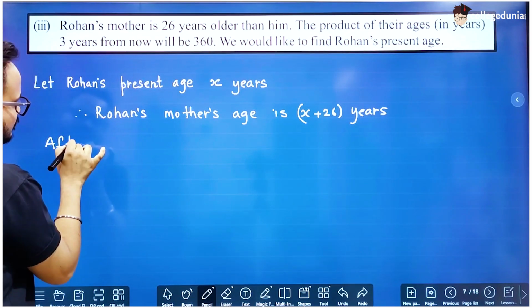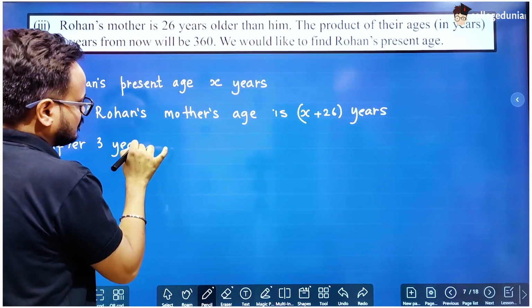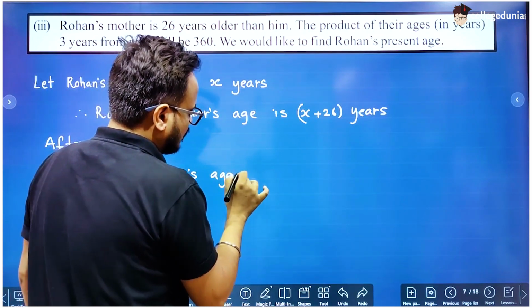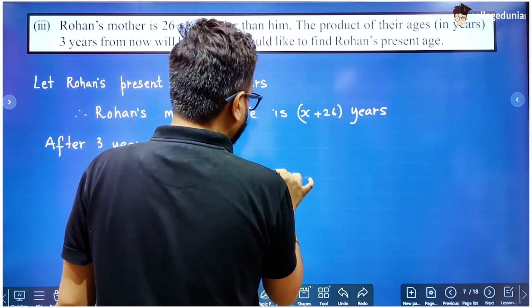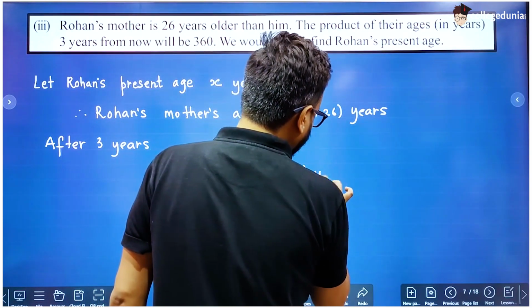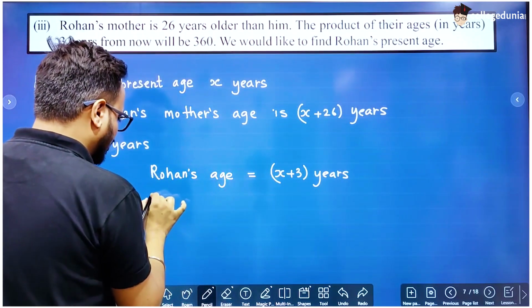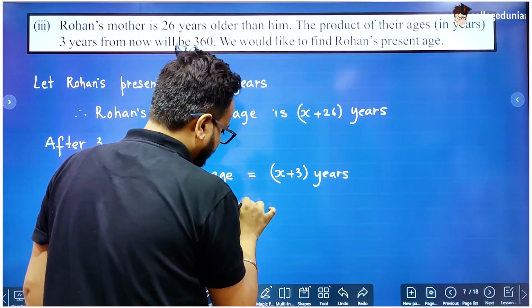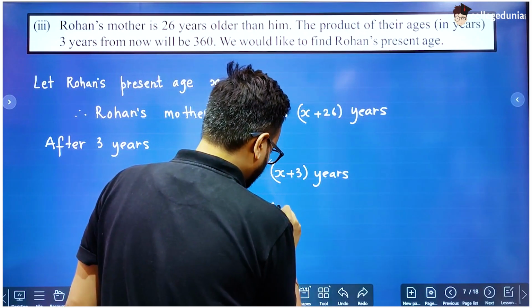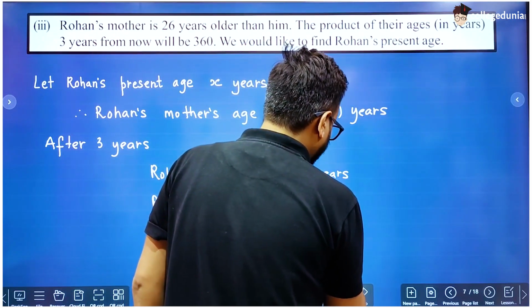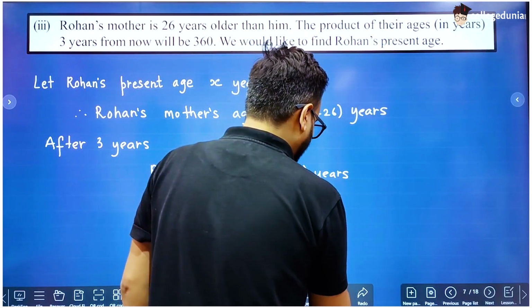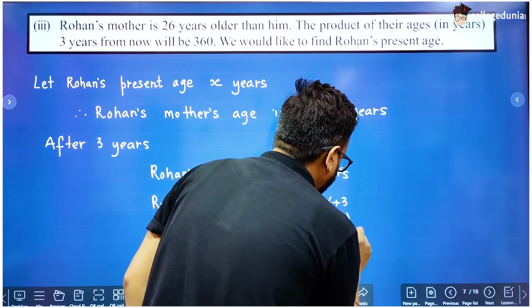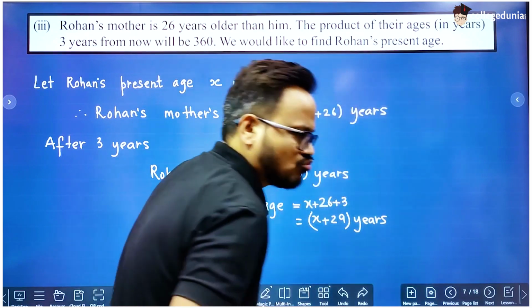After 3 years, Rohan's age is x plus 3 years and Rohan's mother's age is x plus 26 plus 3, that is x plus 29 years, right?